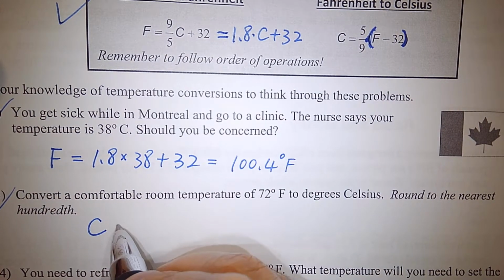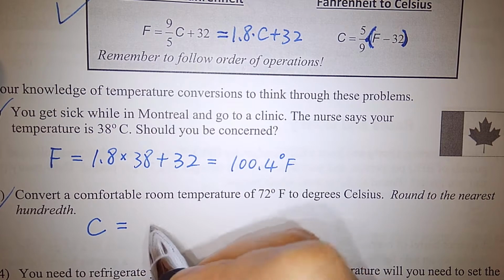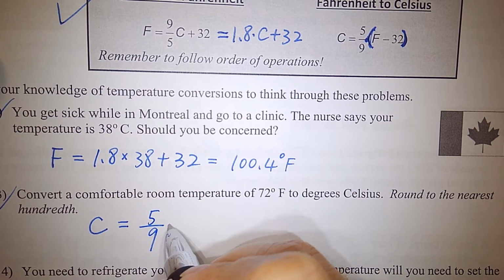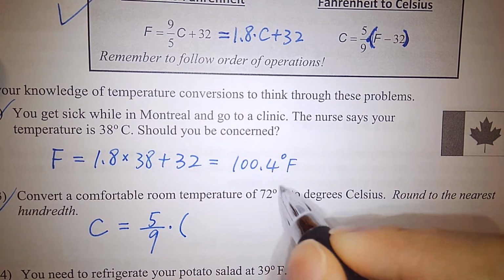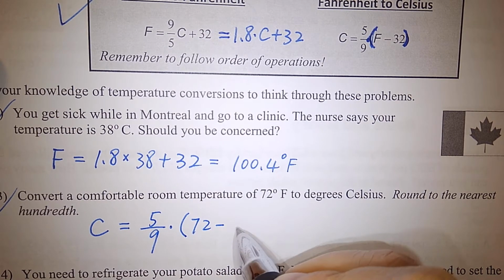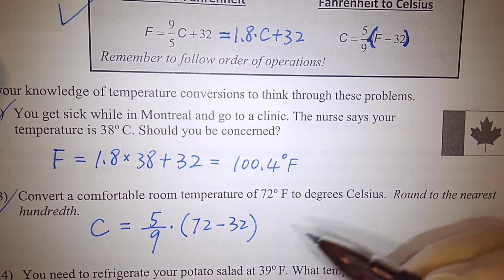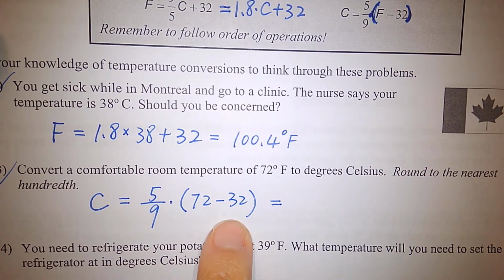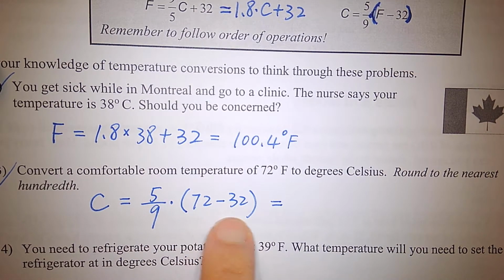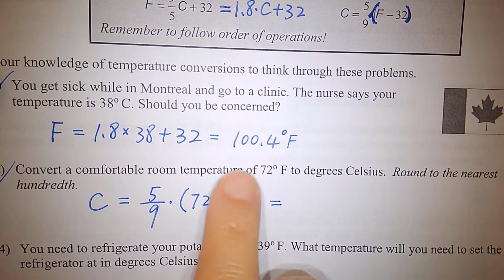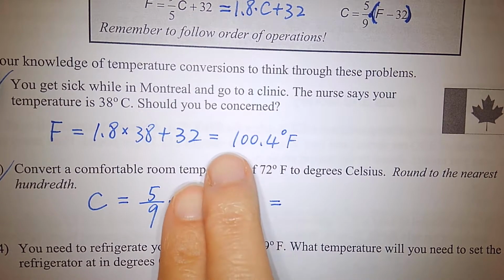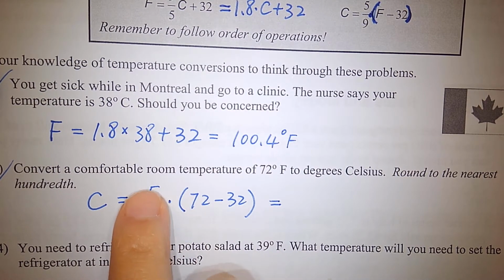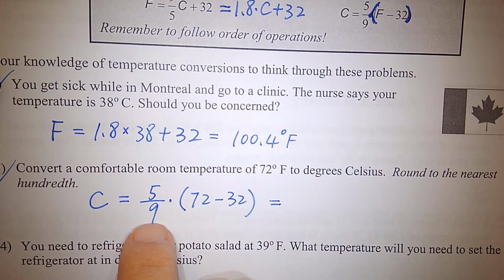So temperature C equals 5/9 times parenthesis 72 minus 32. Which operation should we do first? Subtraction, right? Do subtraction, you get a number, then multiply by 5, and then divide by 9, okay?